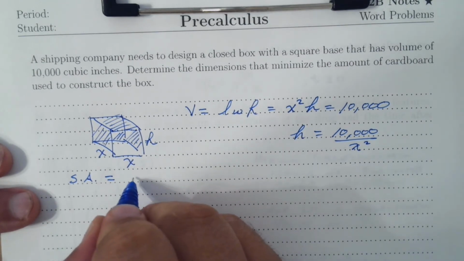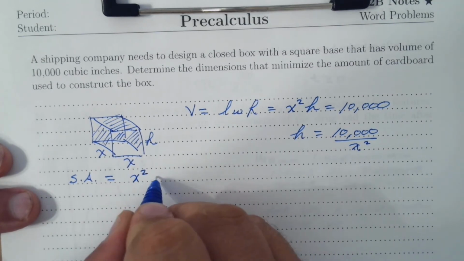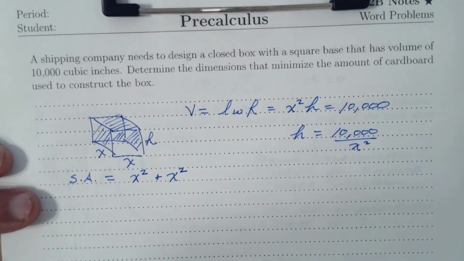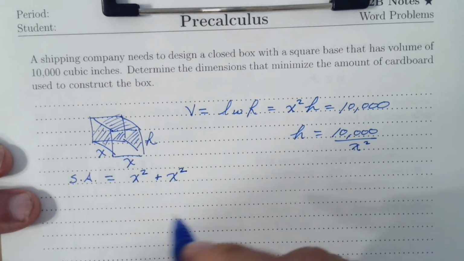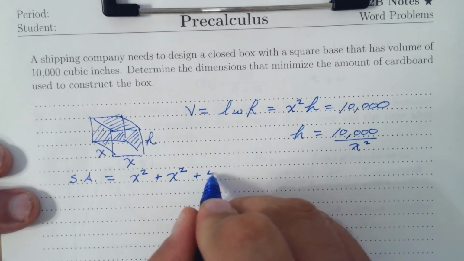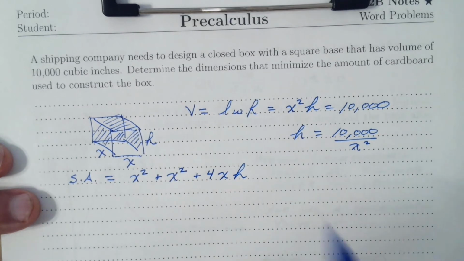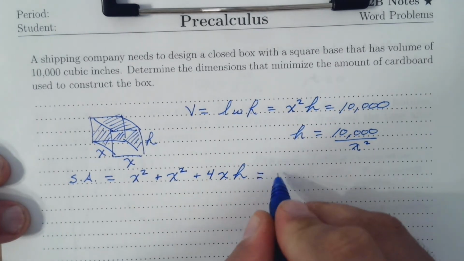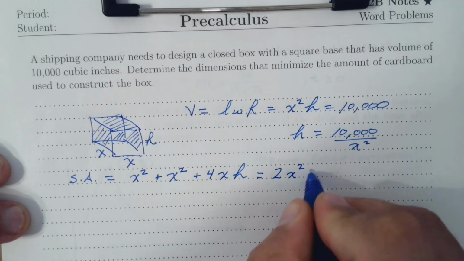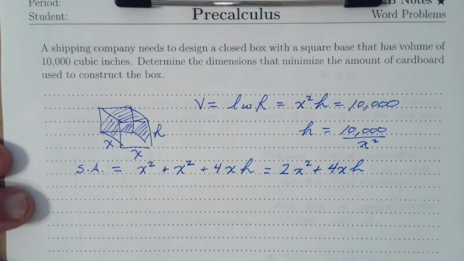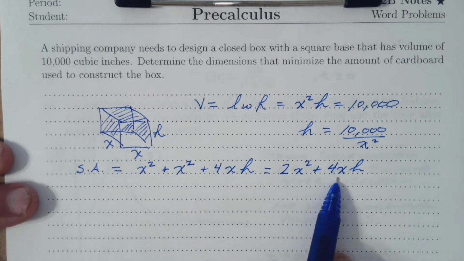I know I have the base of x squared, the top of x squared, and then I have the four sides, and each of the four sides has x times h. So really I could say that the surface area is 2x squared plus 4xh.